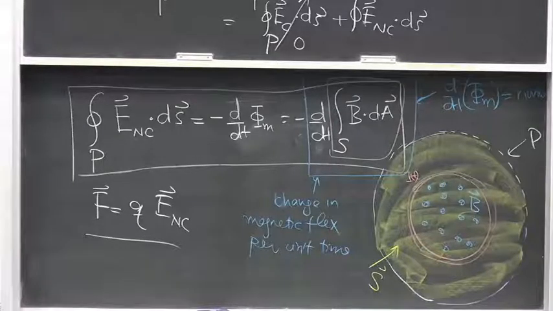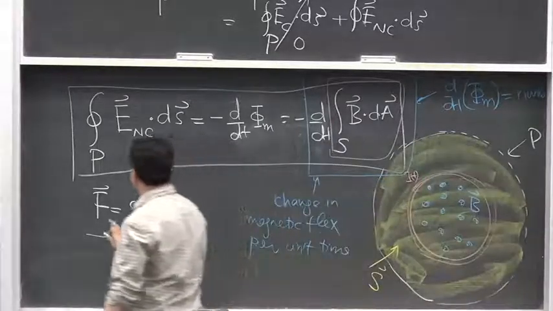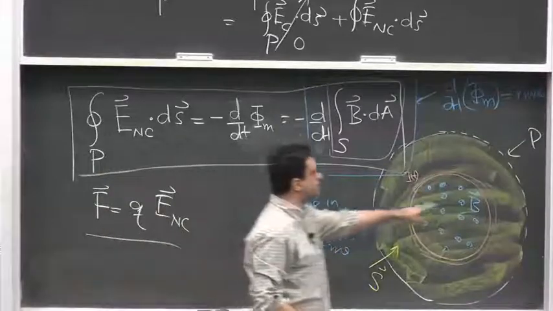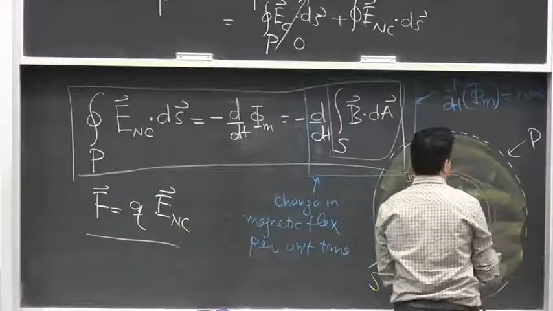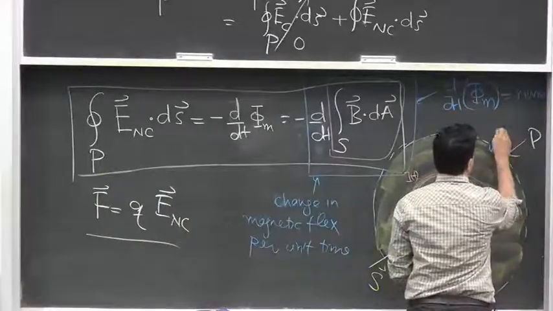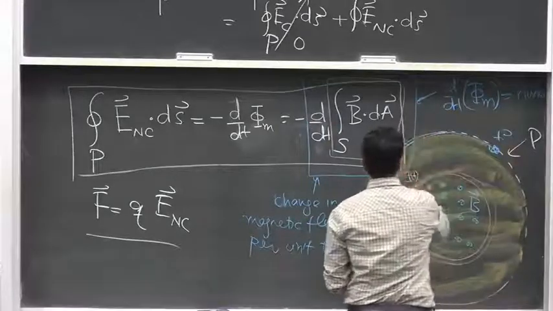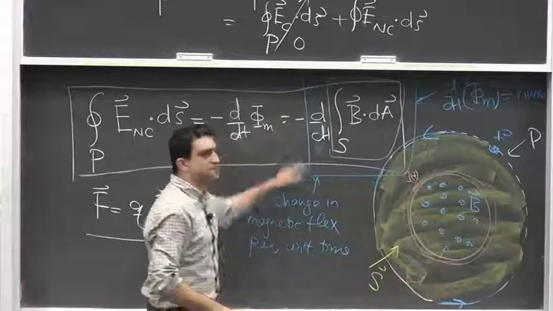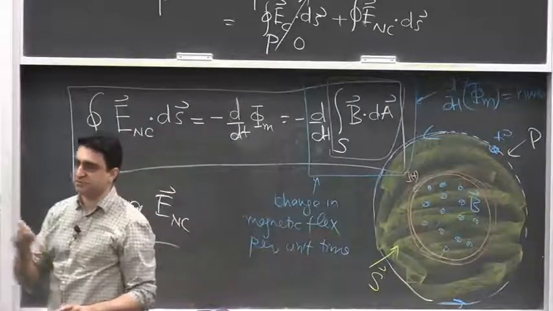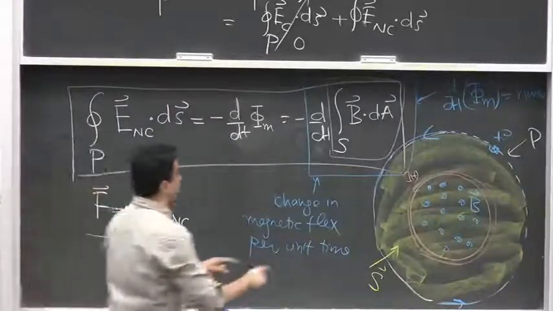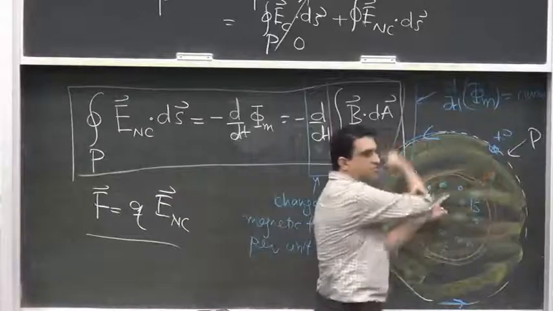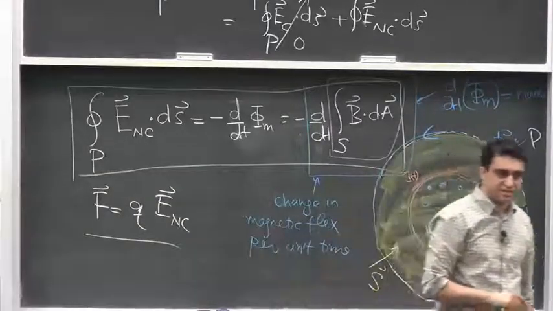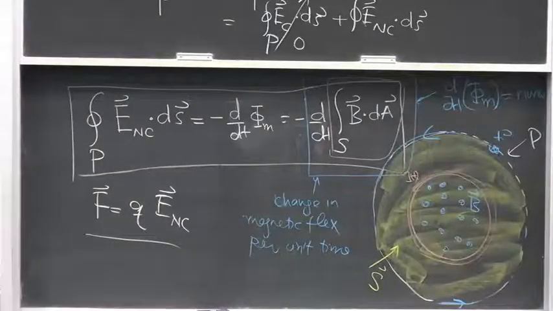Okay, so because of that force, if I put a positive charge here, it started a motion. And this minus sign tells you what the direction of this motion should be, whether it should be in this direction or in that direction. Let's discuss that for a minute.